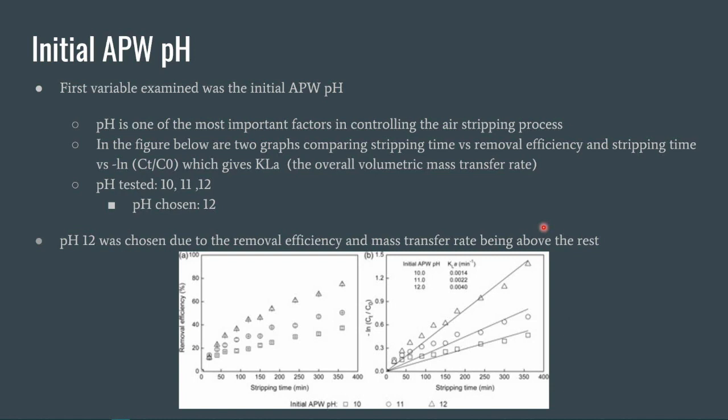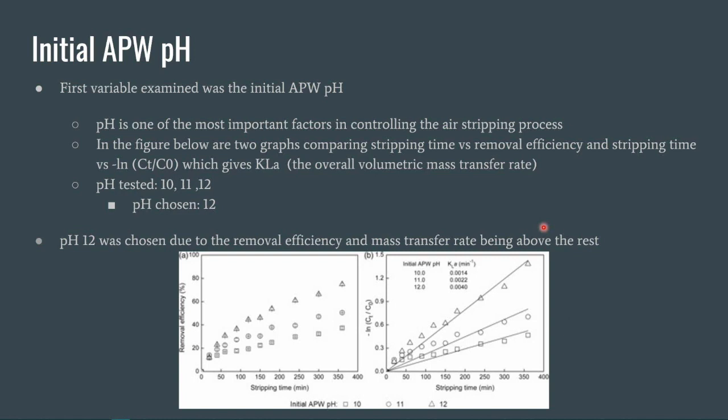The first variable examined is initial pH. pH is one of the most important factors in controlling the air stripping process. In the figure below, it can be seen that there are two graphs, one showing stripping time versus removal efficiency, and the other, on the right, showing stripping time versus negative ln Ct over C0, which represents the liquid phase concentrations of NH4-N.